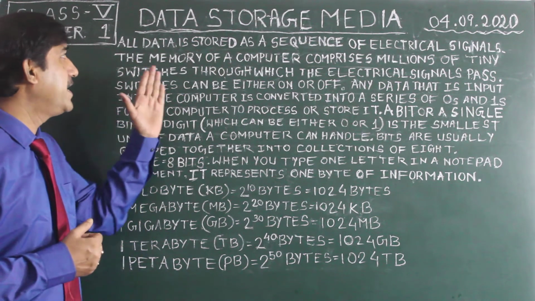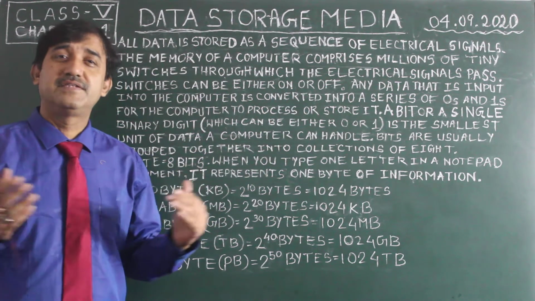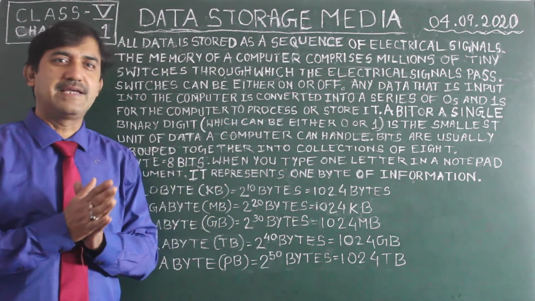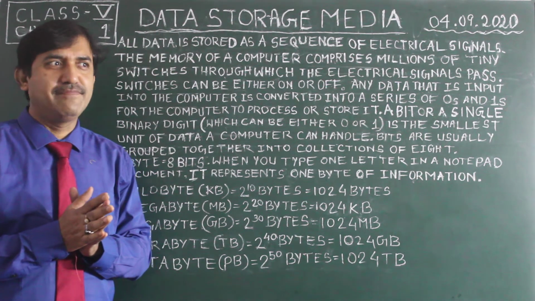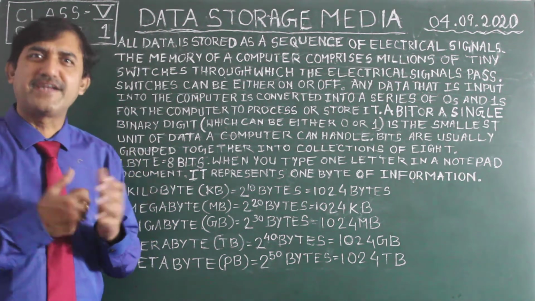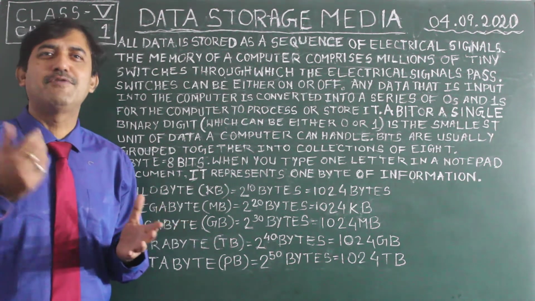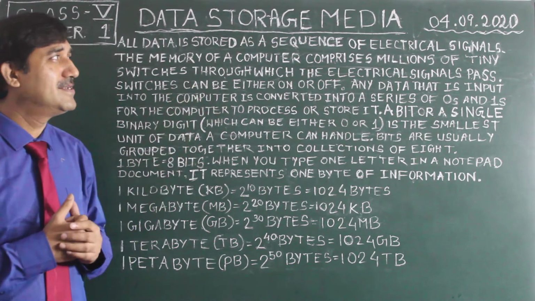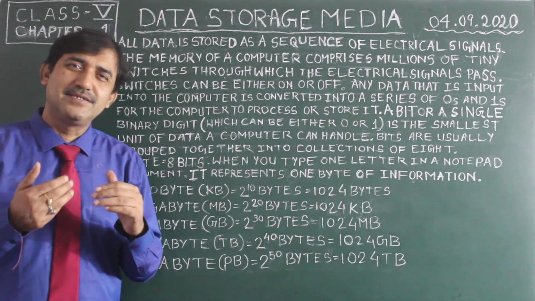See, all data is stored in a sequence of electronic signals. These signals in computers are a very funny type. Why? Because you will not understand a signal as 0 and 1. So over here, the signals in the memory are stored as 0 and 1.